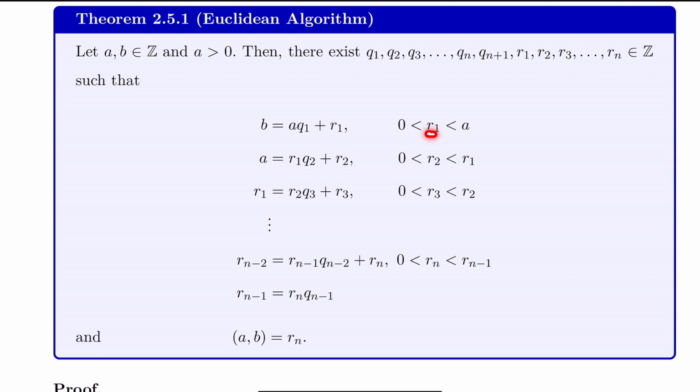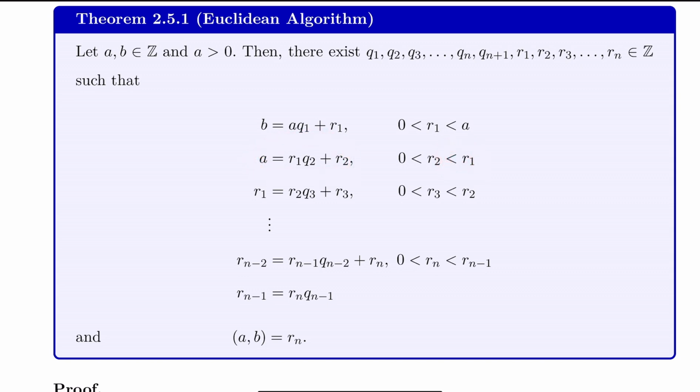And once the remainder is less than the divisor, we divide a by r1. So we're going to have a equal to r1 multiplied by the quotient q2 plus r2, where r2 is the remainder greater than 0 and less than the divisor. So that we have these equations.